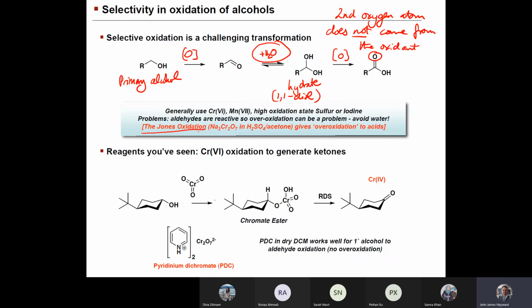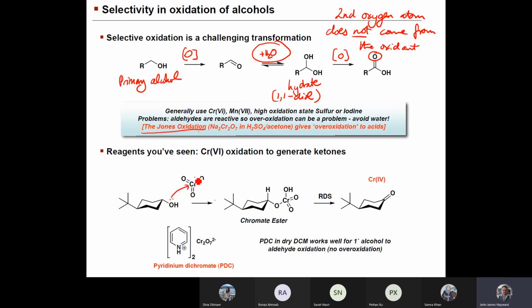Anyway, so chromium trioxide, of which sodium dichromate is a precursor or a standard reagent to be used. Chromium trioxide can react with alcohol, secondary alcohols to make ketones. Again, this is nothing new.